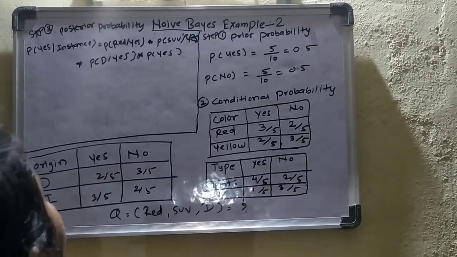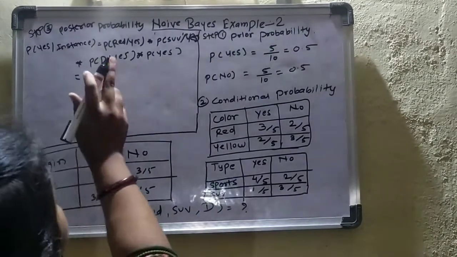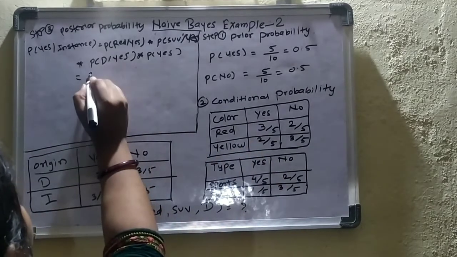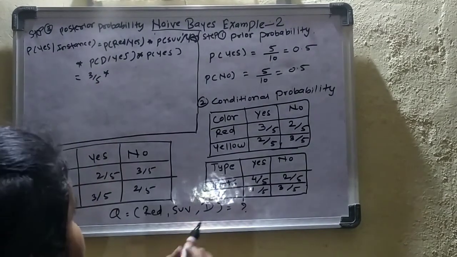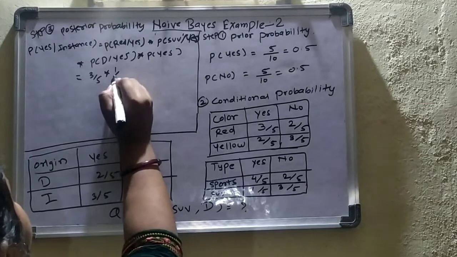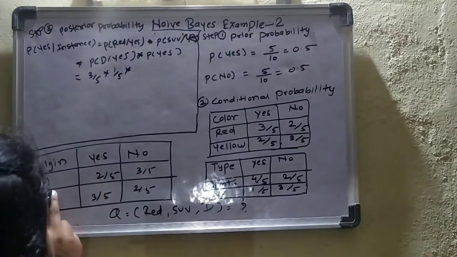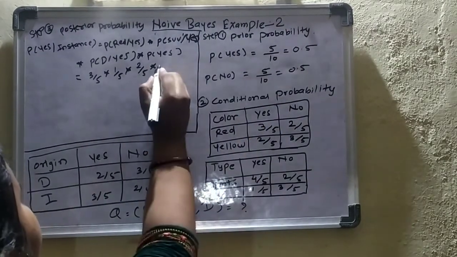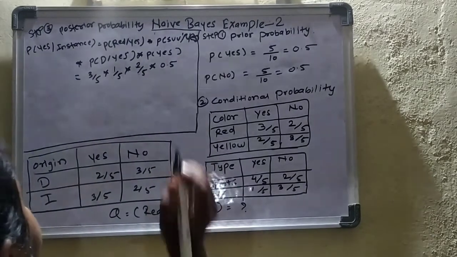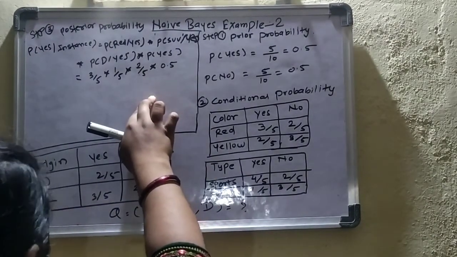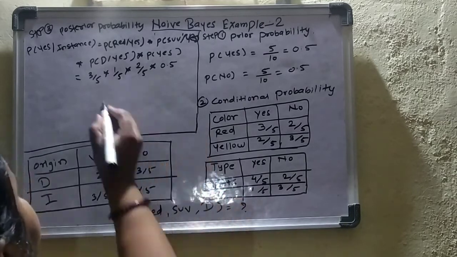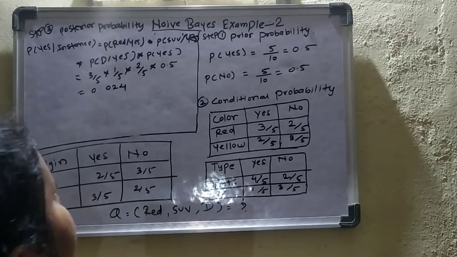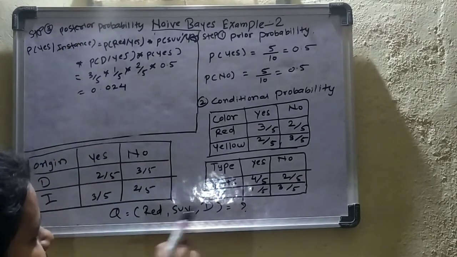So this will be the value for the probability of yes for the instance. Now we have all these values. We can see probability of red given yes is 3/5, into probability of SUV given yes is 1/5, into probability of domestic given yes is 2/5, into probability of yes is 0.5. So these are all of the values which we have to multiply, and if we do this calculation we will get the value of 0.024. So we got the value for the probability of yes for this instance.